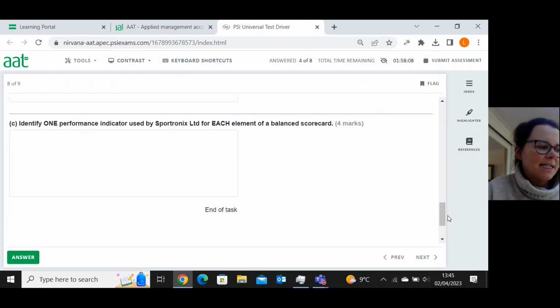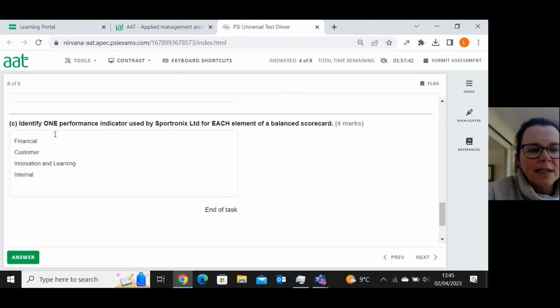And then finally, identify one performance indicator used by Sportronics Limited for each element of a balanced scorecard. So absolutely vital that you know your 4 perspectives, which are financial, customer, innovation and learning, and internal.